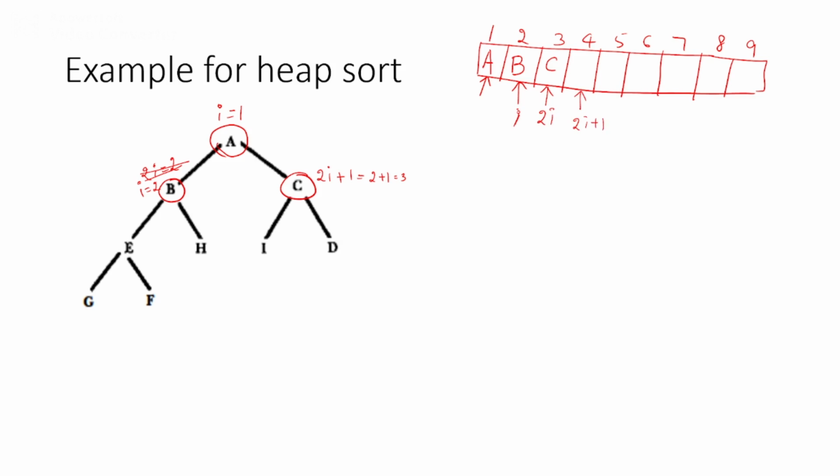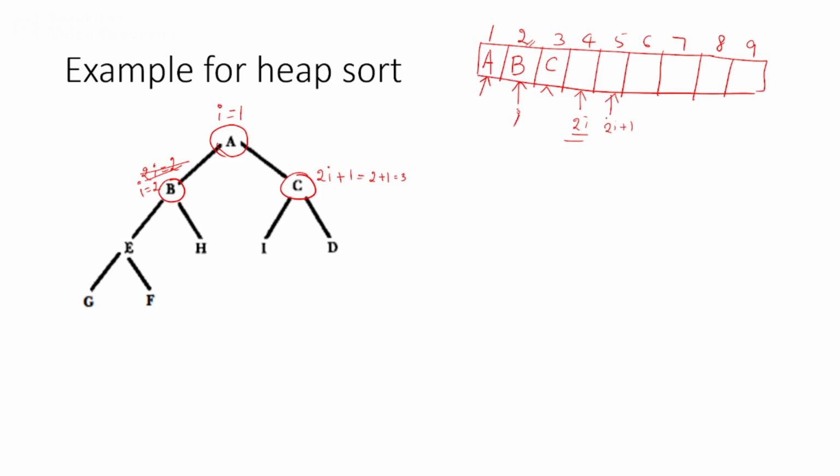When this is I, this is your 2i, because I is 2 now. So 2i is nothing but 2 into 2, that is 4. So 2i is pointing to 4 and 2i plus 1 will be pointing to 5.